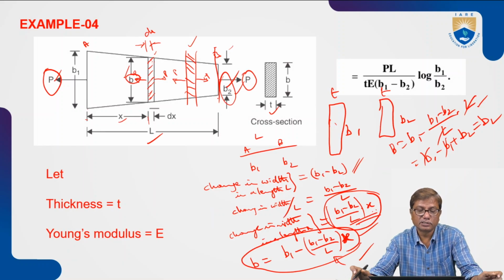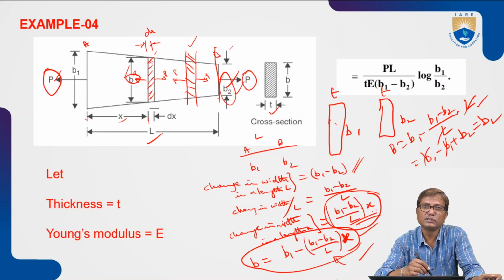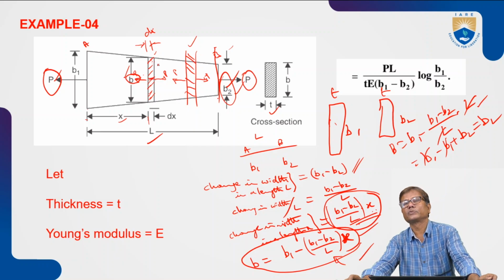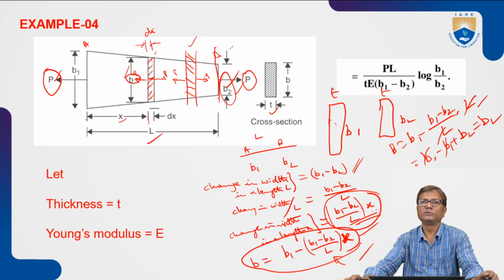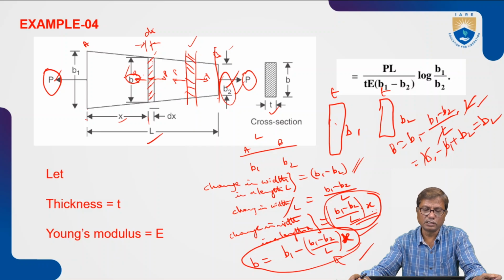So what is the elongation of this now? For a very small length dx, the width is considered uniform. Over a small length of dx, the width is considered the same, and this element is taken as a uniform cross section. The cross section of this elementary strip is considered to be constant.